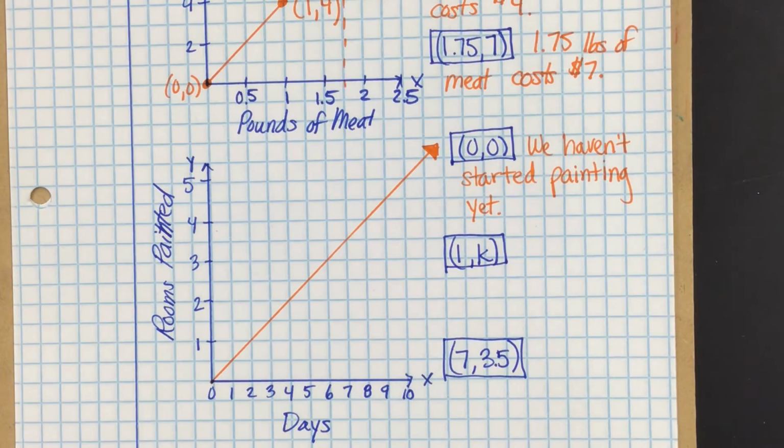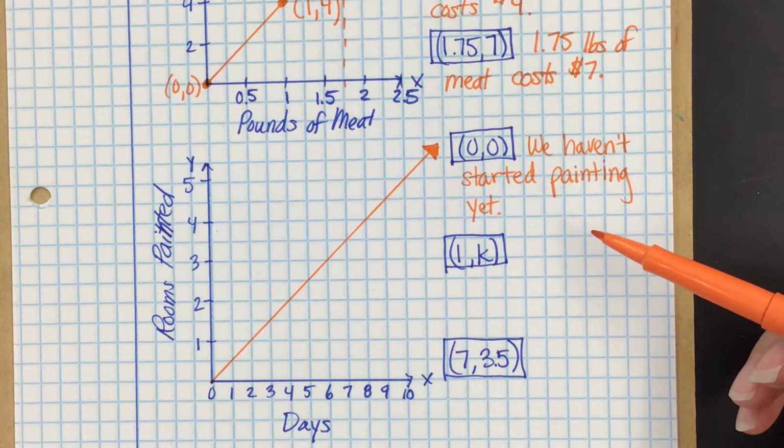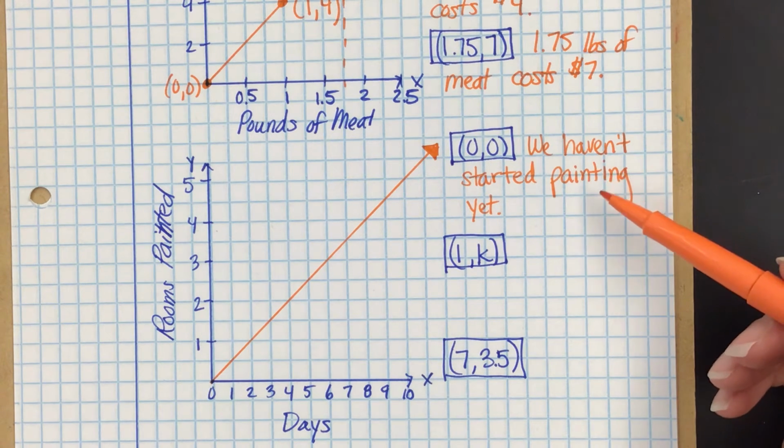That is sufficient for me. If you were to answer that way on a test, I would say great, because it's clear that you fully understand what that point means. You can be more formal about it too, and you can say, you've painted 0 rooms in 0 days. That's fine too, okay? But I do tend to be partial to just saying it like it is. No painting has even happened yet, okay?